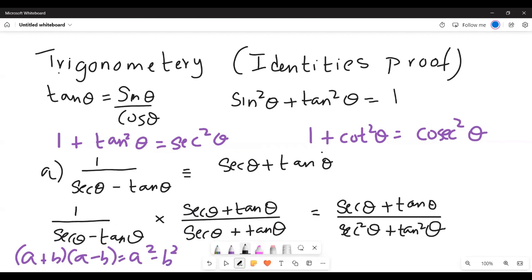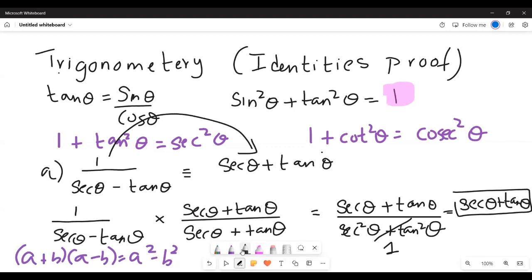And we already know that this would be equal to 1. Secant square theta minus tan square theta is 1. So this is 1, and we have the required form. This would be secant theta plus tan theta. So we have proved that this is actually identical to this. Any questions here?